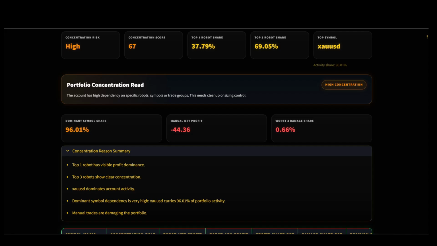So now the workflow is not only evaluating automated systems anymore. It is also measuring whether discretionary intervention is weakening overall portfolio quality. And in this example, the system clearly identifies that manual trades are actively damaging the account structure rather than strengthening it.